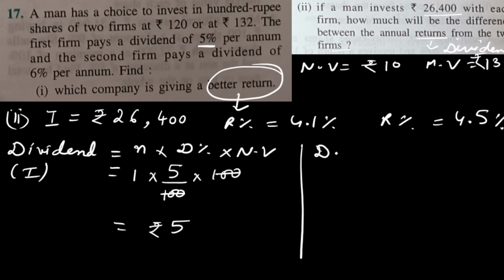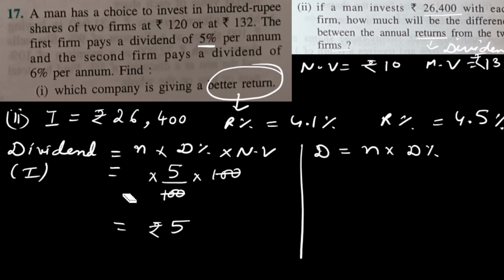For second firm, if I find dividend, so dividend is equals to number of shares into dividend percent. Okay, let's see here one mistake I've done. What I did here, investment is given to us. I just ignored.